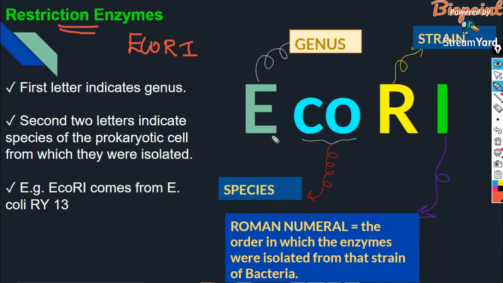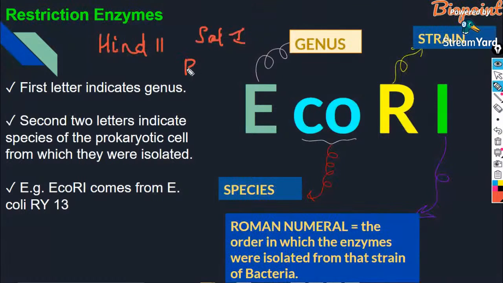You have different restriction enzymes, for example HindII, SalI, PvuII, then PstI. All these are different types of restriction enzymes, and now I'm going to explain with the help of an example, that is EcoR1.